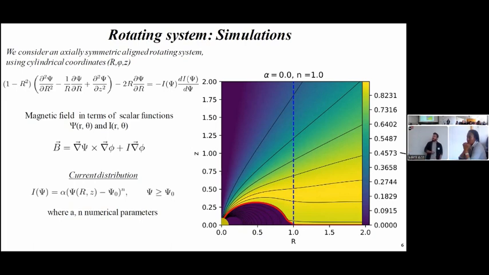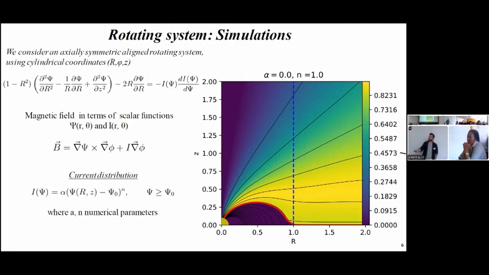Then we try to construct the magnetosphere of the CKF model, Contopoulos, Kazanas, and Fendt. Alpha and n are numerical parameters, and psi 0 is the value of the magnetic flux across the last closed magnetic field line, which you can see here in red.